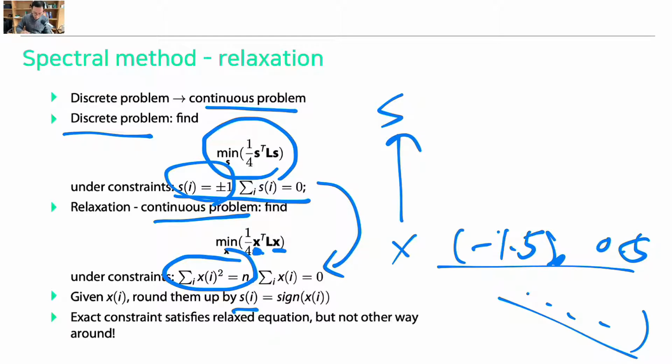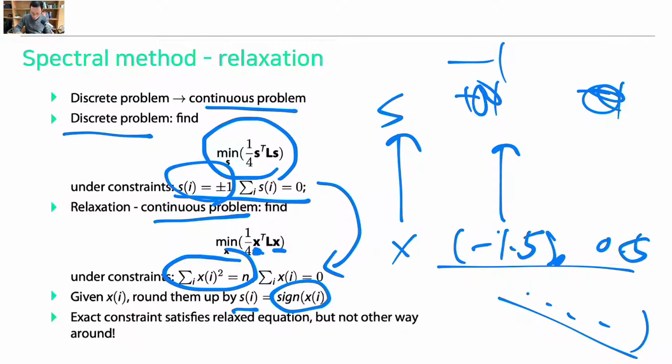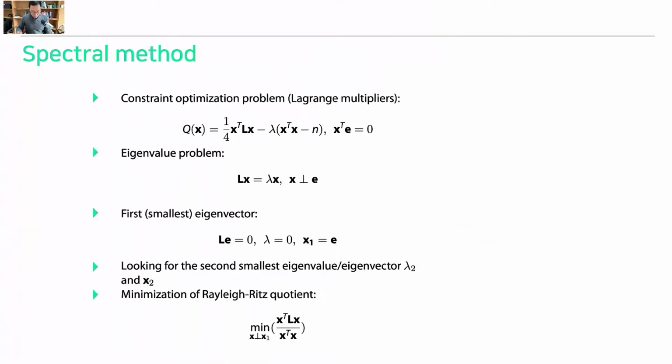We just consider their sign, and we can recover +1 and -1, something like that, right? Or in this case, -1 and +1. So the exact constraint satisfies the relaxed one, but not the other way around.